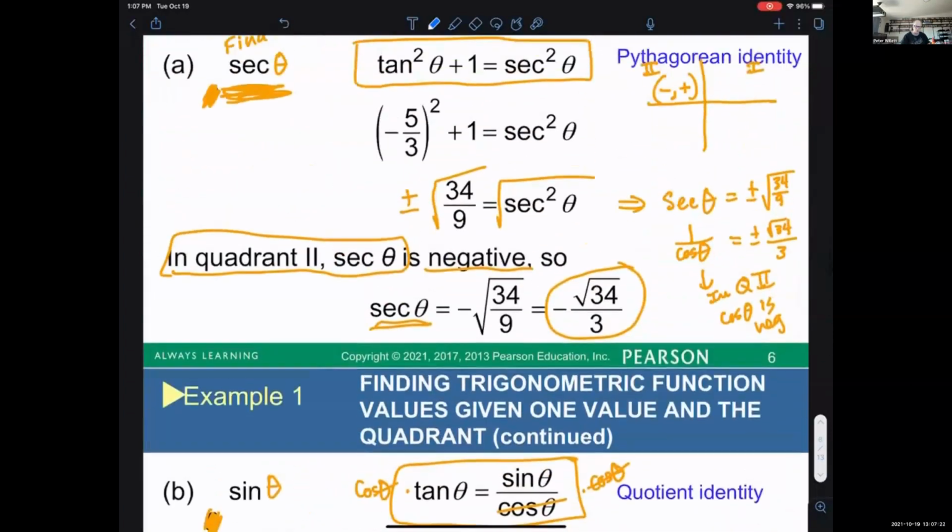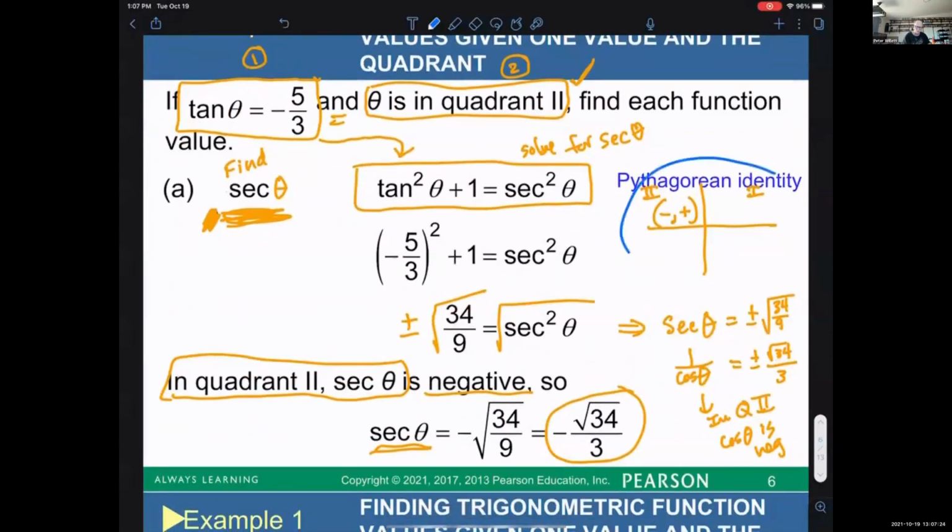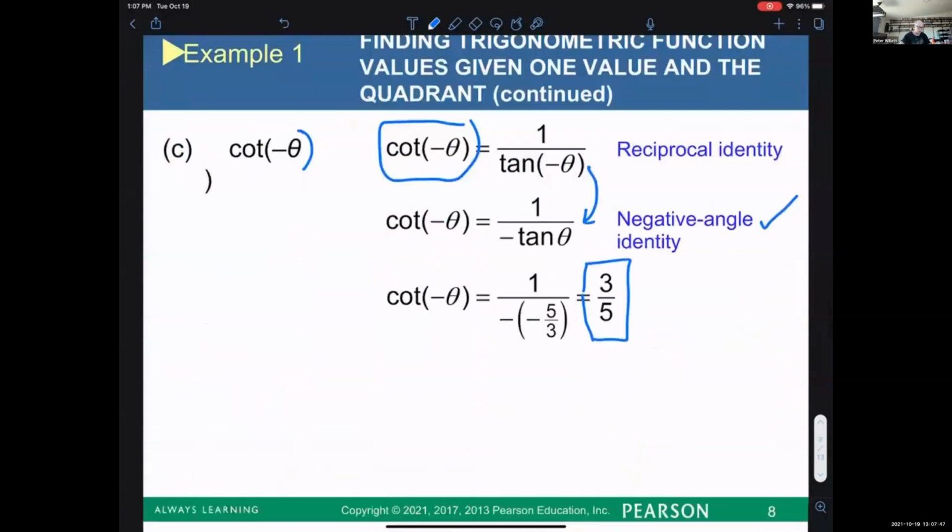So the caution is about what I was showing here, that if they tell you what quadrant theta is in, then you can use that to see what the signs of x and y would be in that quadrant, and then that will tell you, based on sine or cosine or one of the other functions, what sign you should have for your answer. So that's a cautionary box there.